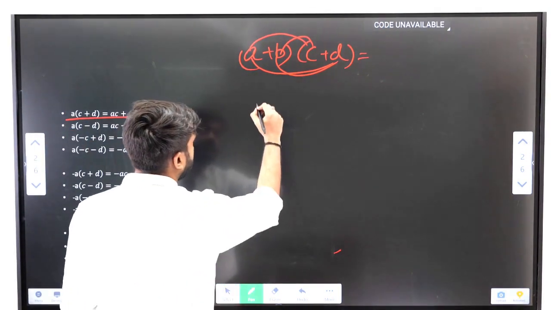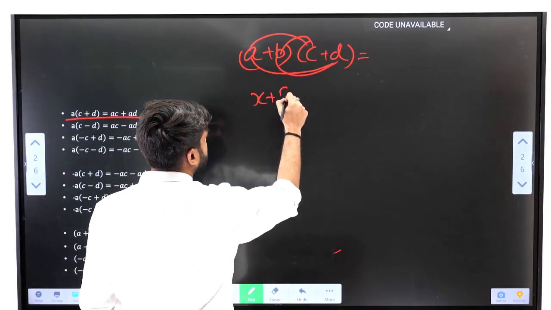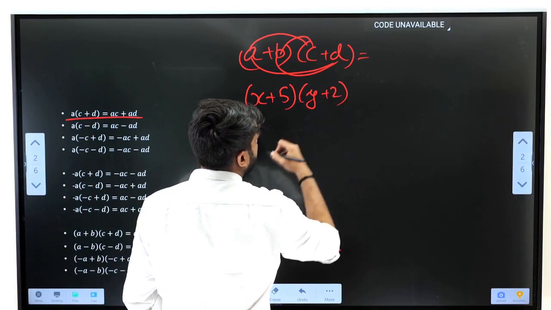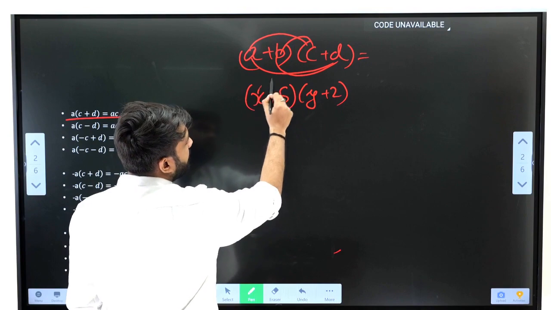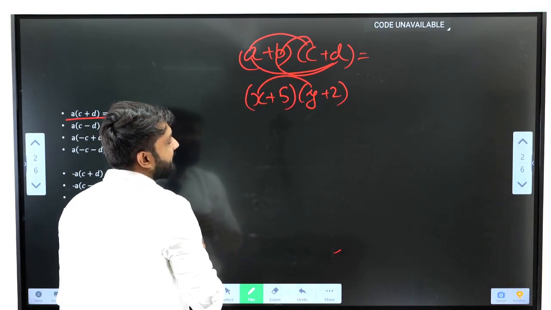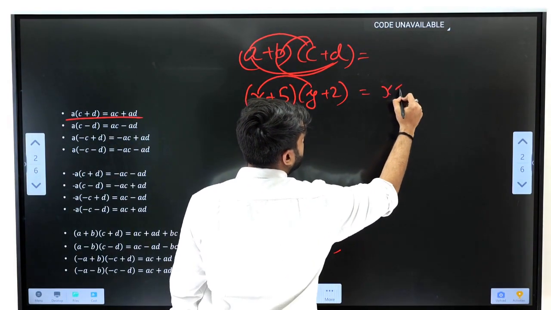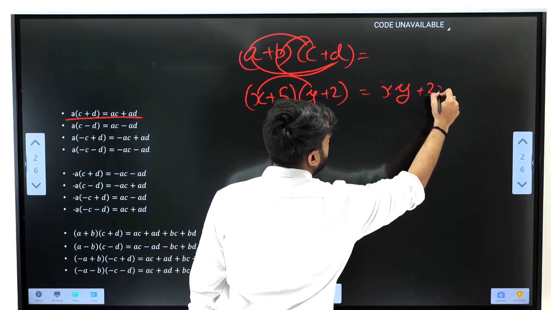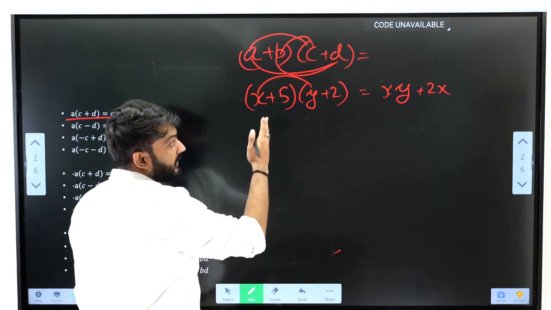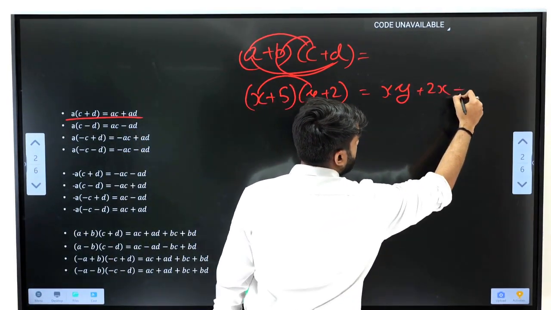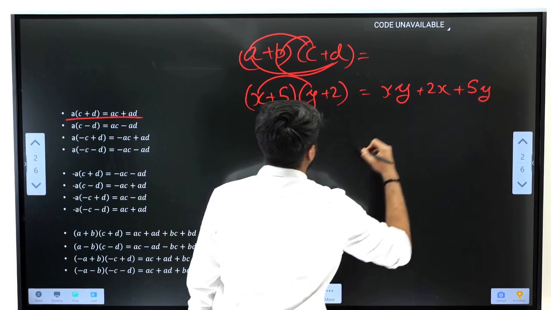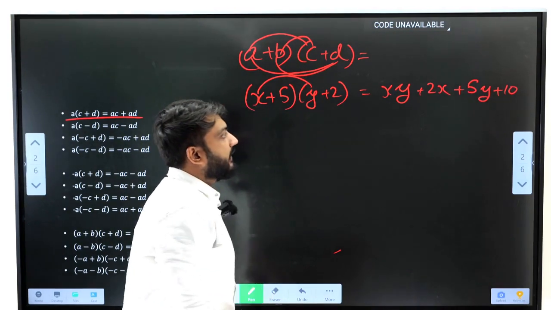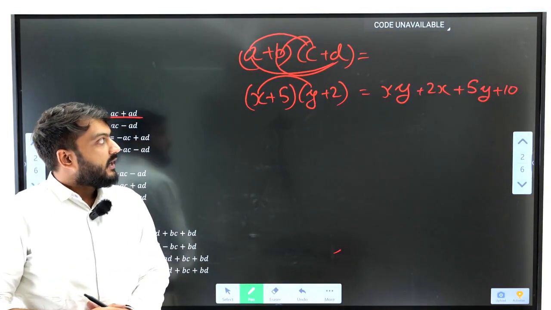Let's try a numeric example here. For example, let's say I had x plus 5 in brackets and then y plus 2 in another bracket. So going by this logic, I'm supposed to multiply x with y, giving me xy. Then I'm supposed to multiply x with 2, giving me a positive 2x, because both the numbers are positive. Then 5 with y, giving me a positive 5y, and then 5 with 2, giving me a positive 10. So this is what my outcome is going to be.